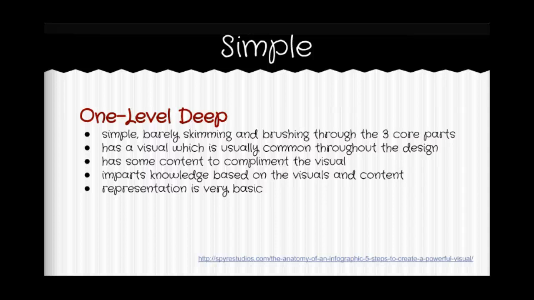It's a visual. It has a common design throughout. It does have some content to complement the visual. It imparts knowledge based on the visuals and content. But the one-level design may incorporate one or two subparts from visuals and content, but the representation is very basic.